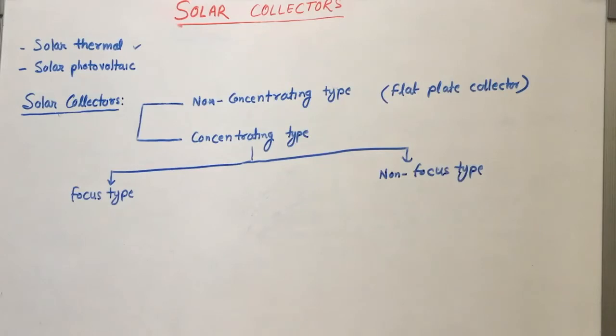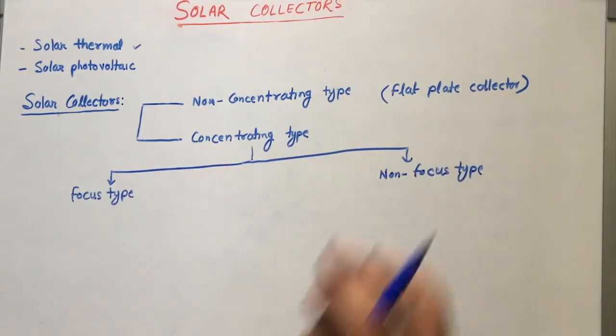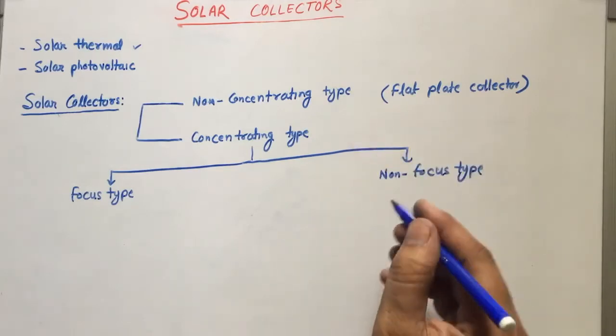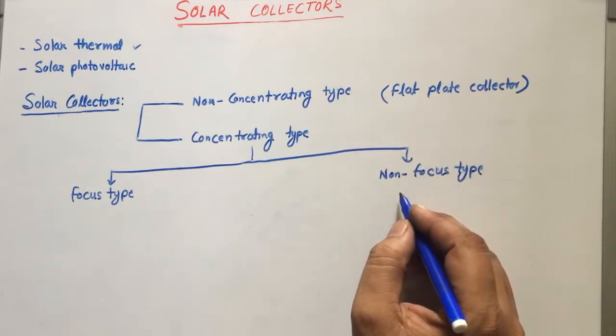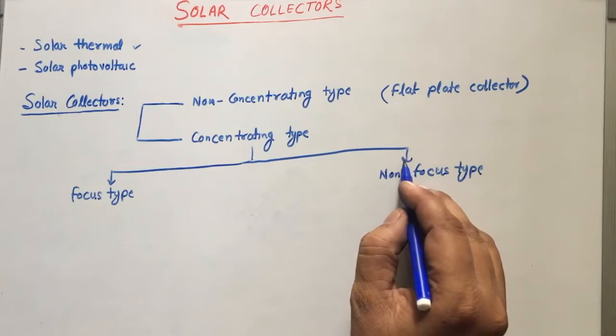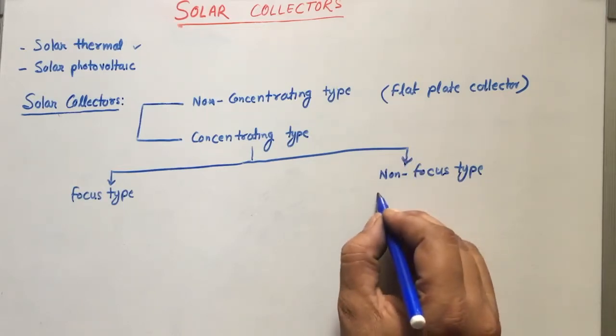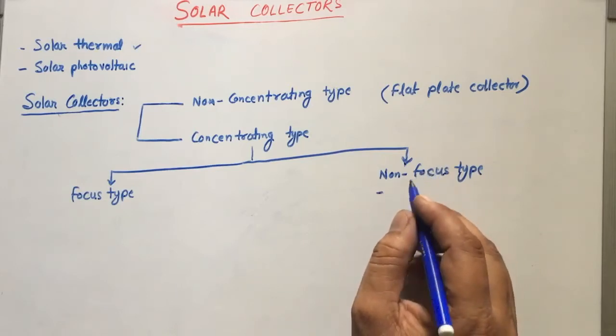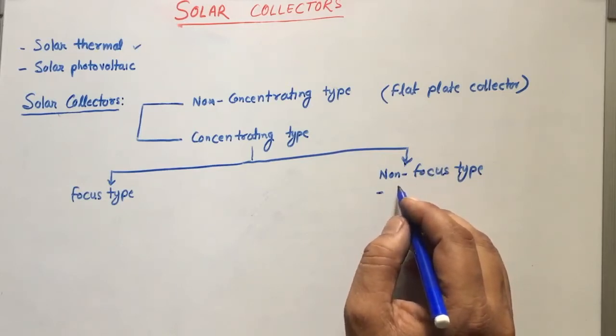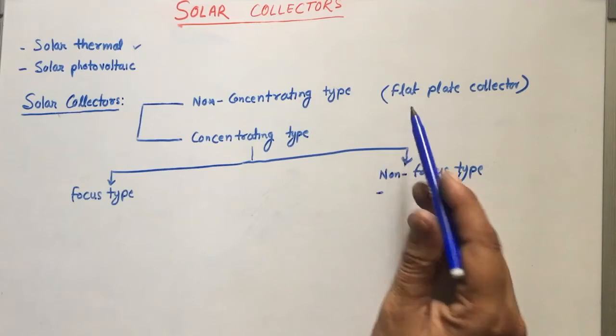In non-focus type, we take the flat plate collector, however we modify it so that the concentration of the radiations can be increased. So it can be further written as modified flat plate collectors.